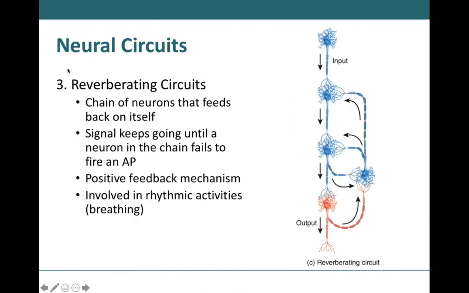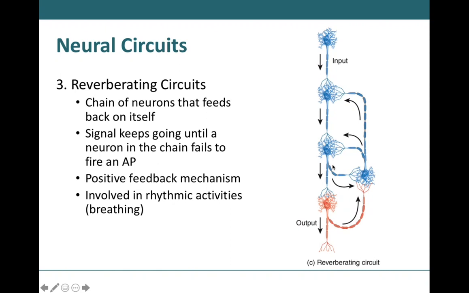Now we also have reverberating circuits, which are examples of positive feedback loops. So in reverberating circuits, we have neurons that are feeding back on themselves. And that's what continues the signals being sent out. So we'll have one neuron starting off this chain, and this is going to send its action potential down, and that's going to stimulate this one, and then this neuron's going to send its signal down, and so forth.